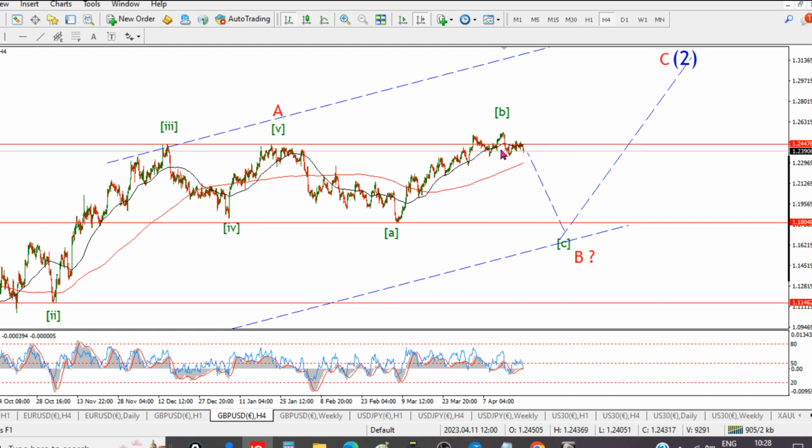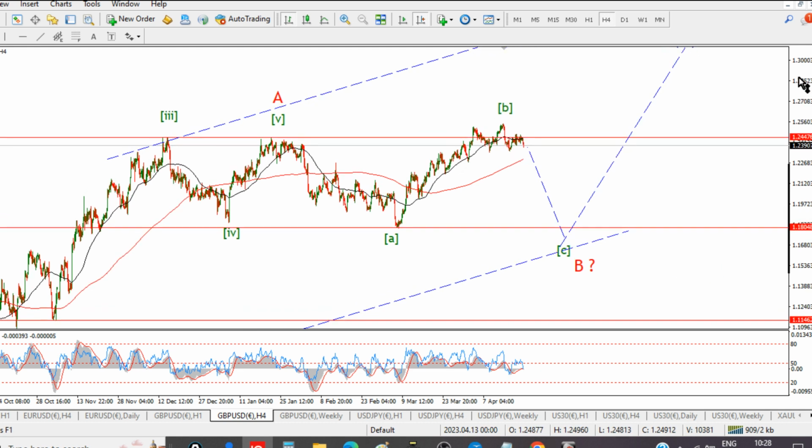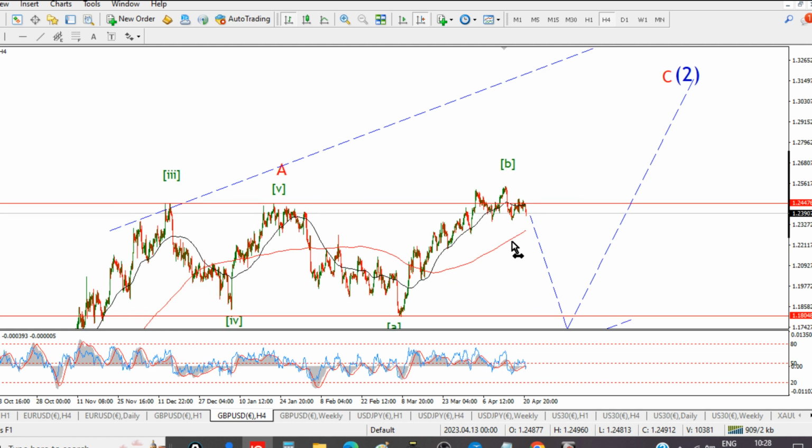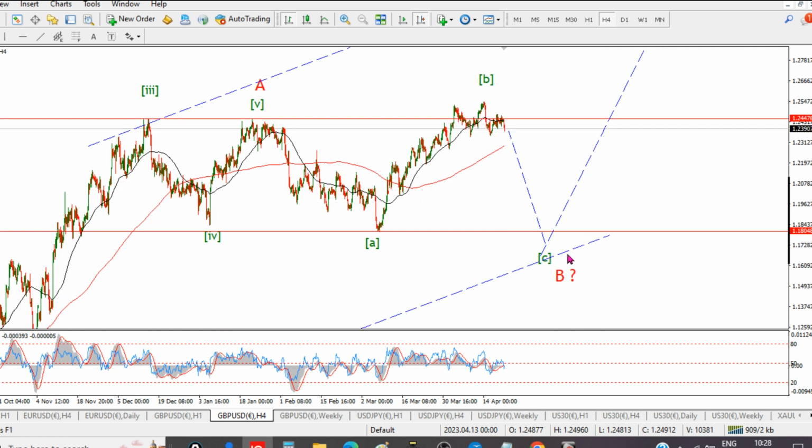Okay, so we've got the potential head and shoulders here for a wave B top. You can see, let's get this expanded a bit. Wave A top, A, B, C, again an expanded flat correction, wave B, and this count suggests that we should be heading lower into wave C of B now.